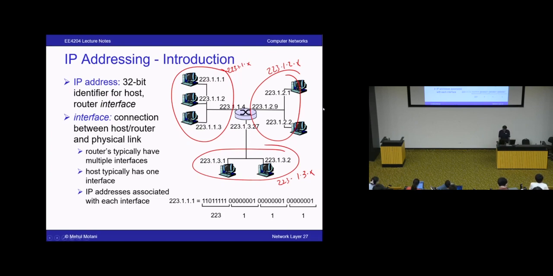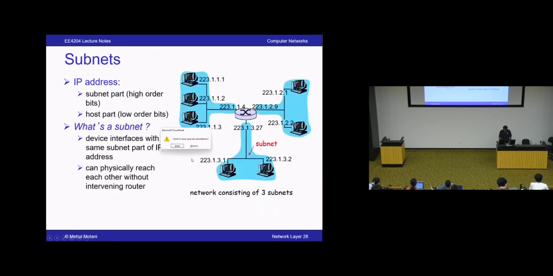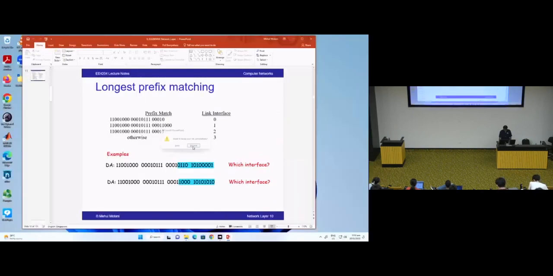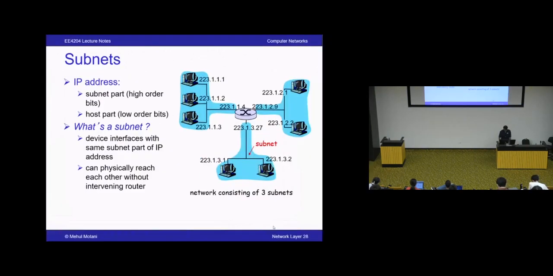So now, not surprisingly, that 223.1.2, you could almost think of it as the ID of this network, or we call it a subnetwork, or a subnet, okay? Okay, yeah, so the IP address is going to have a subnet part, and it's going to have a host part.